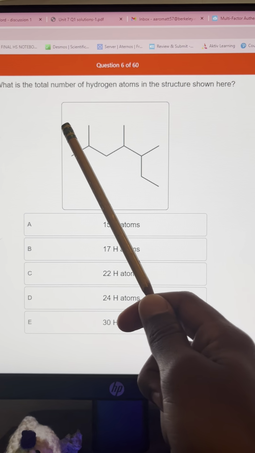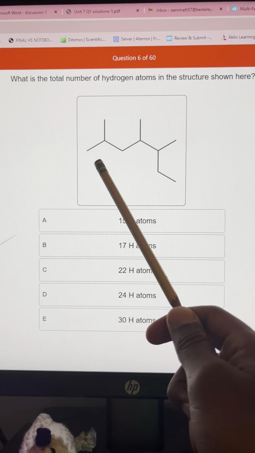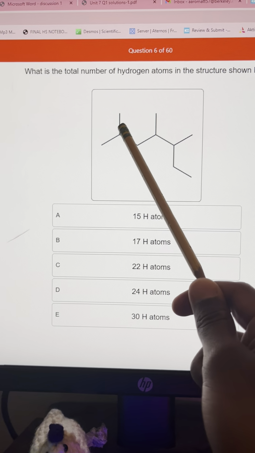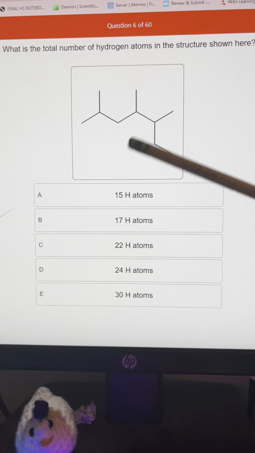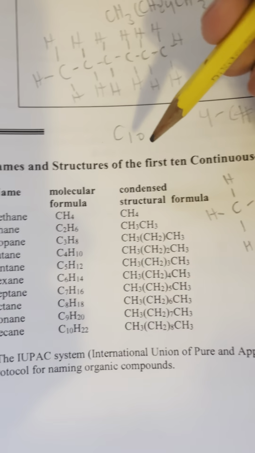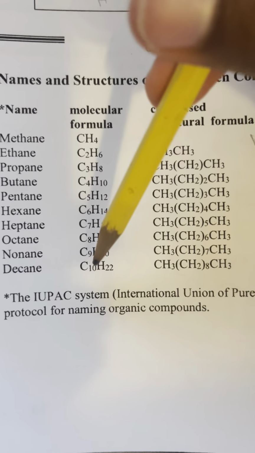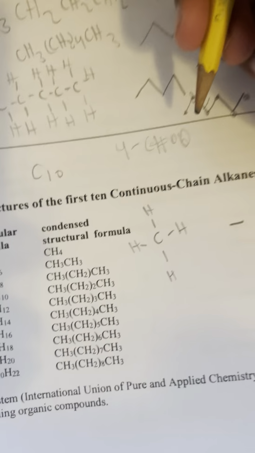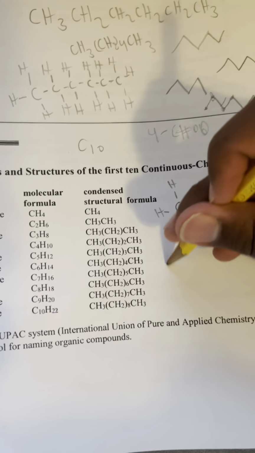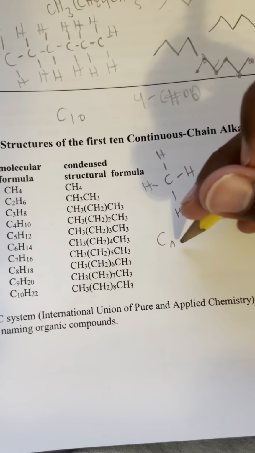You know that this one can bond with 3 more. That one can do 3 more. This one can only do 1, so it's connected to 3. You could do all that. It's the harder way. You could find that we have C10. If you just look down here, C10 means we have 22 hydrogen atoms. Or you can do this formula.